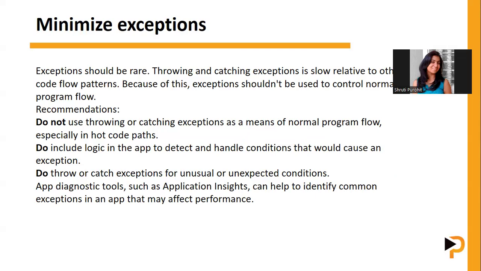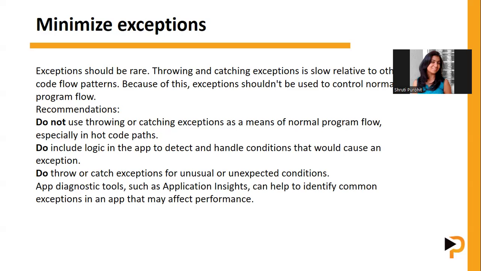Write code in such a way that it does not generate exceptions. Find out the different scenarios where exceptions may occur. In that case, you can create your own custom exception or just use the exceptions defined in the framework.